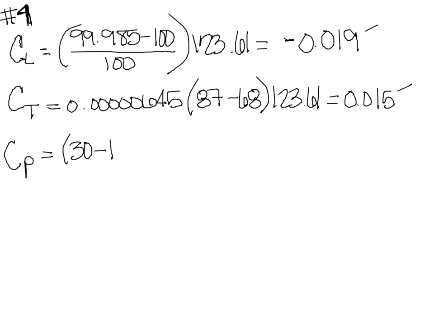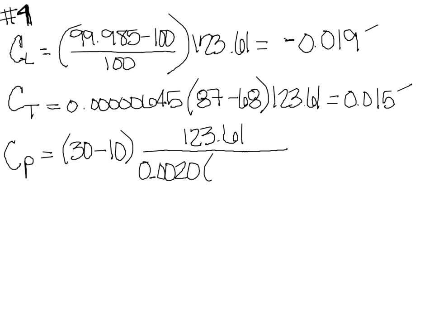So the difference between pull at measurement and standard pull multiplied by the length we need to lay out divided by cross-sectional area of the tape times our constant.